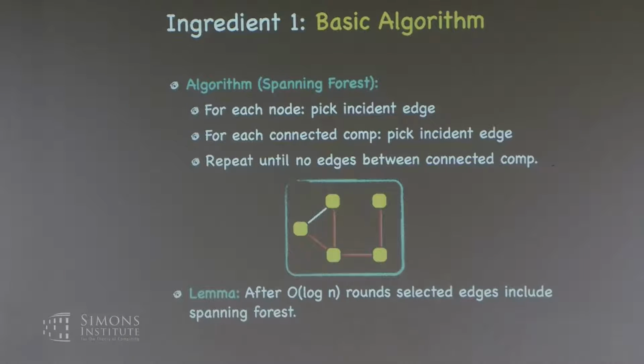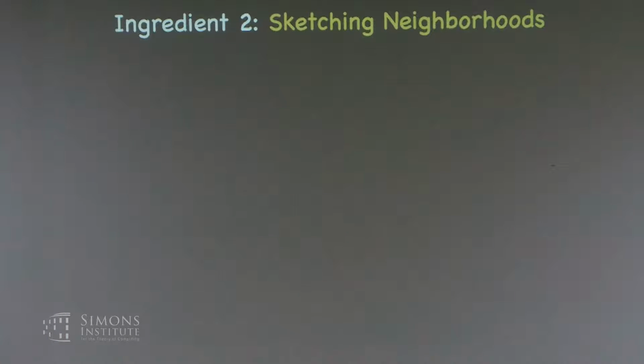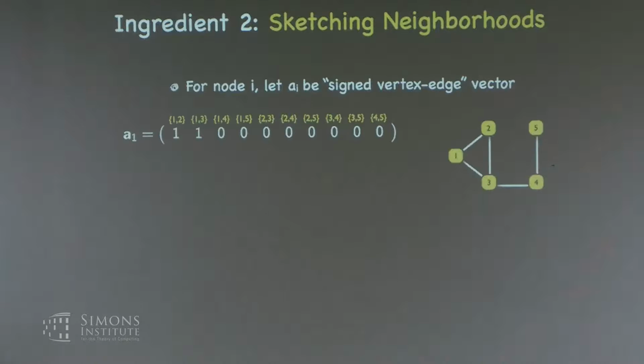Okay. So how do we emulate that algorithm based on sketches? Well, what are the sketches? Each node, or the player corresponding to each node, first of all encodes their local information as a big long vector in the following way. Let's zoom into player 1. Each player i is going to generate a vector A_i, with 0, 1, and -1 entries.